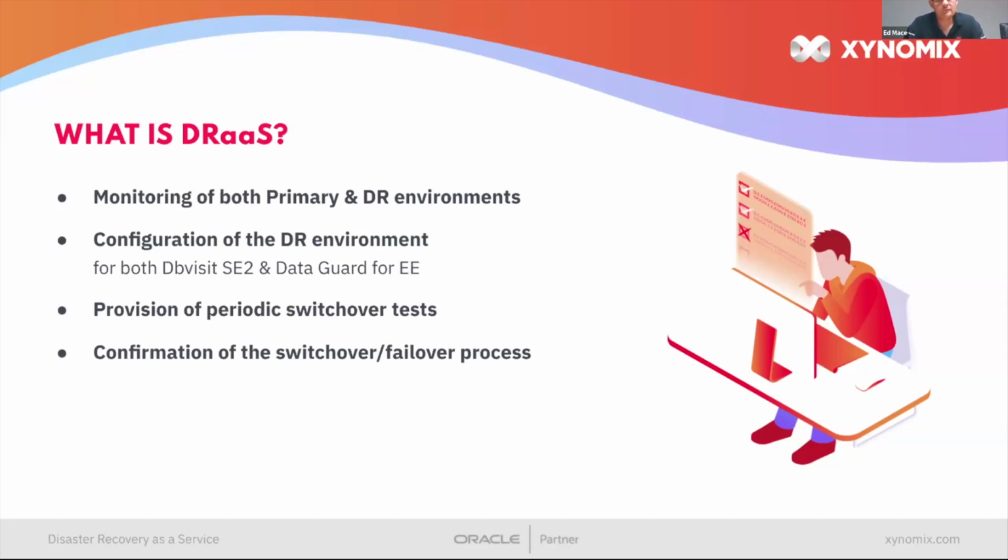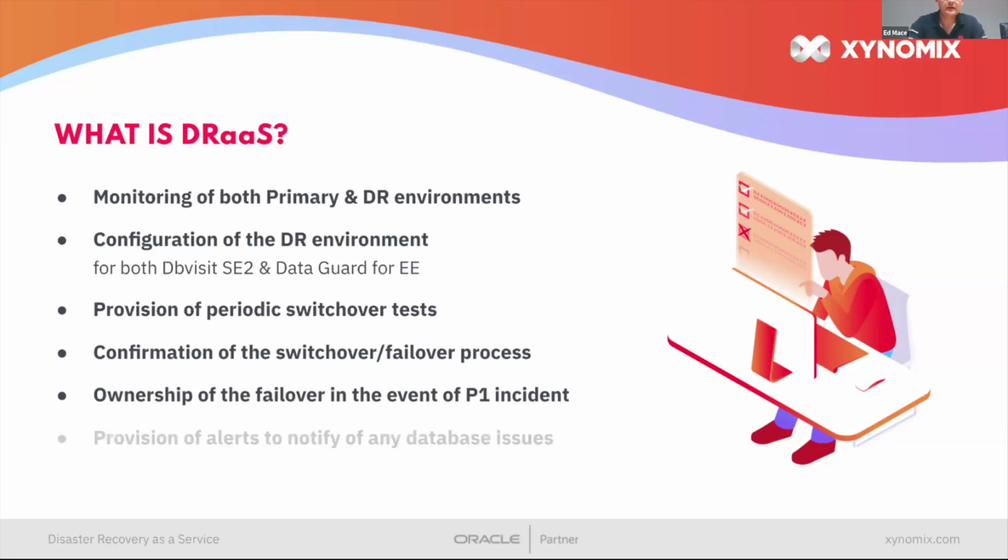We then also fail over in the event of a P1. So again, worst case scenario, if something happened to your production system, as part of the service, we'll fail you over to your standby side, and then also alert you to any issues for both production or standby.